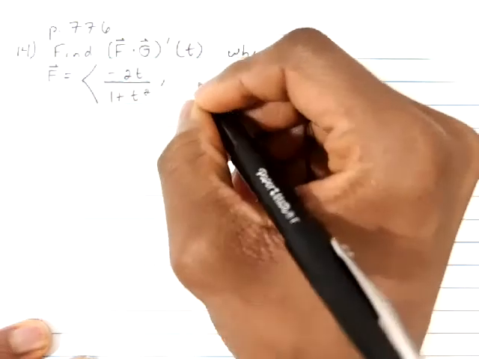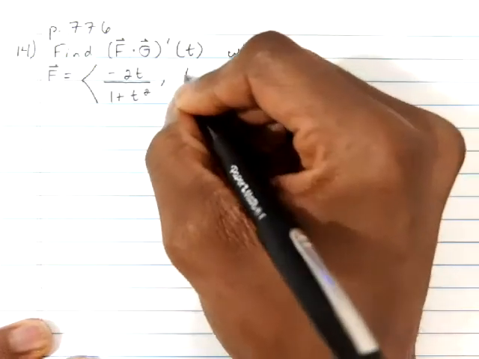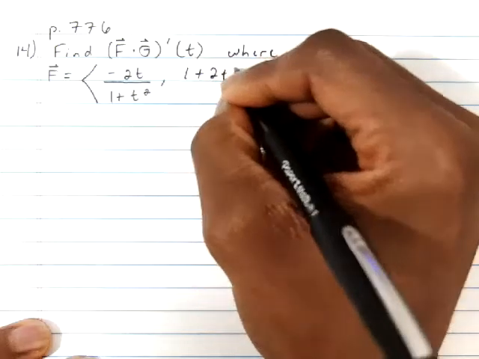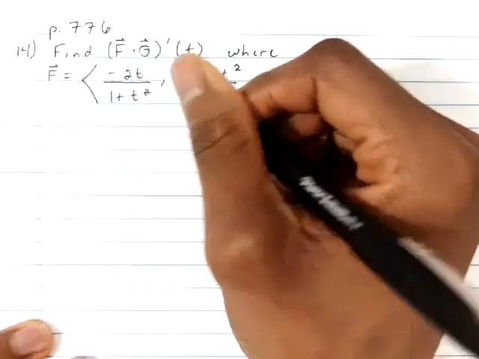And the second entry is 1 plus 2t, the quantity 1 plus 2t squared over the quantity 1 plus t squared.